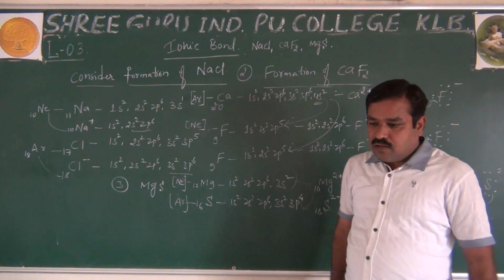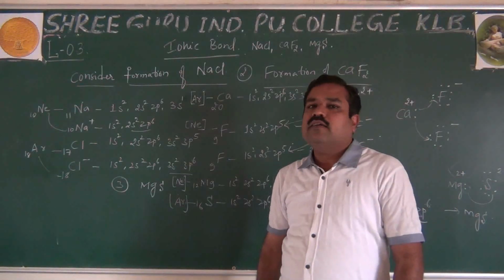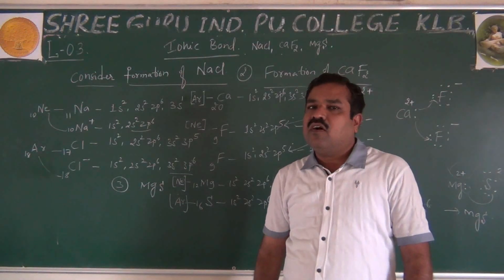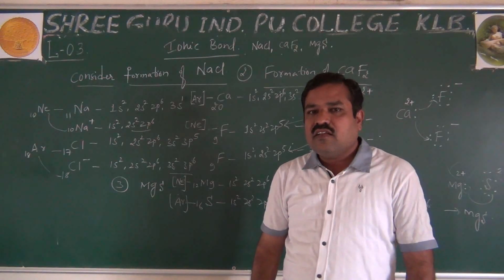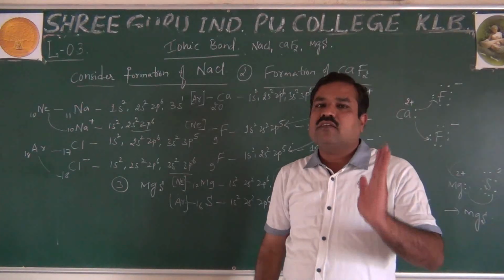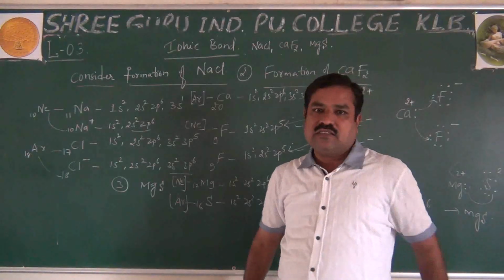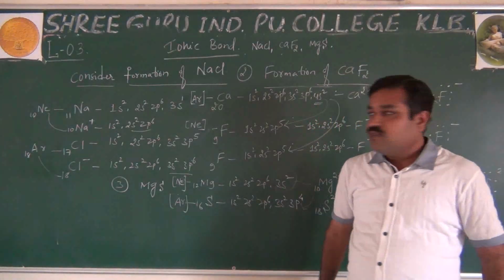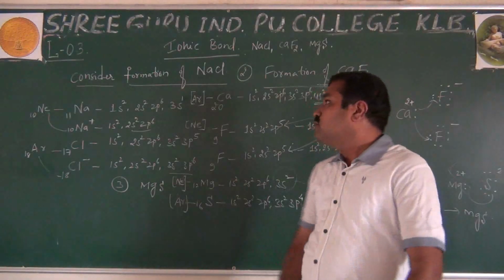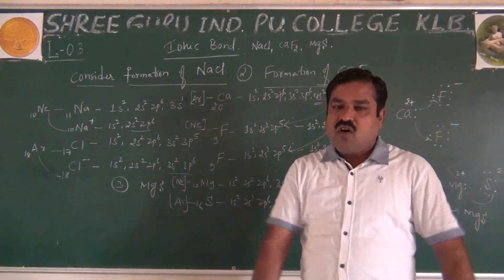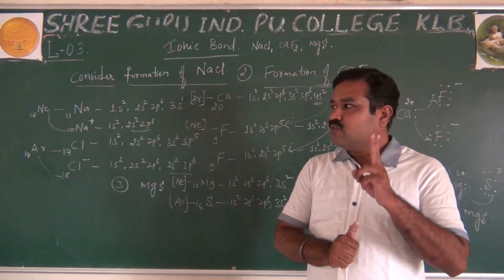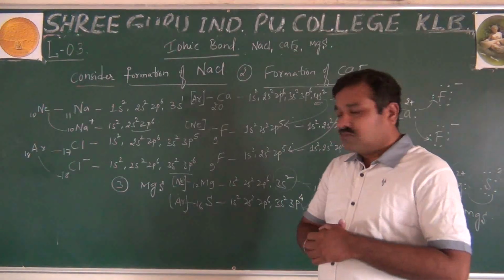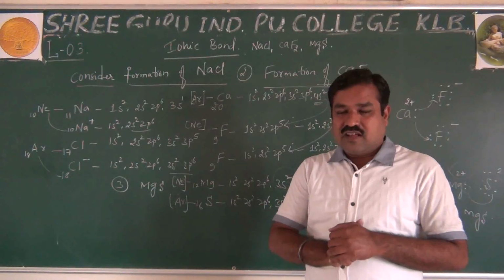That means the bond which is formed by complete transfer of an electron or a pair of electrons from one shell of an atom to another shell of an atom is called ionic bond, students. क्या बच्चे? देखो, what is ionic bond? Ionic bond बोले तो bond which is formed by transfer. कितना? एक इलेक्ट्रॉन, नहीं तो दो, नहीं तो तीन इलेक्ट्रॉन. कहाँ से कहाँ?